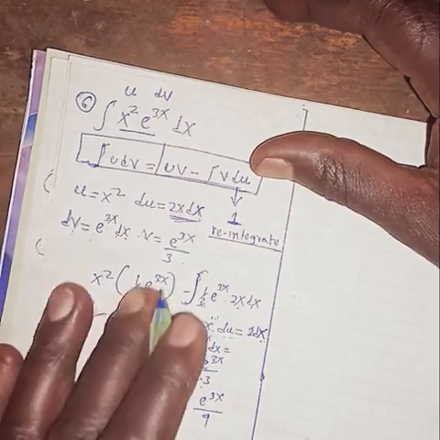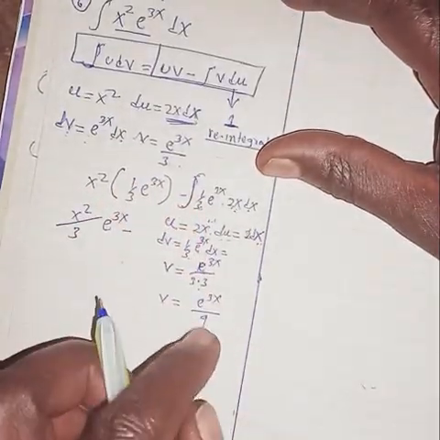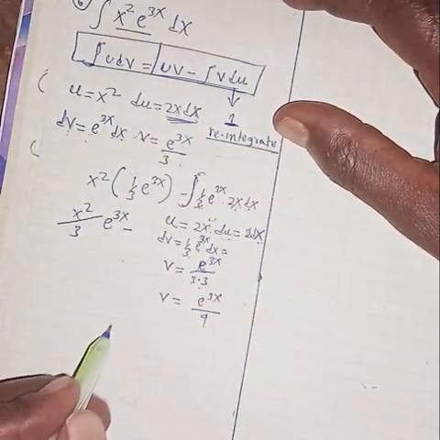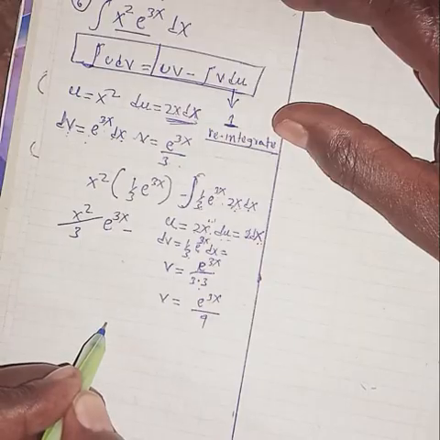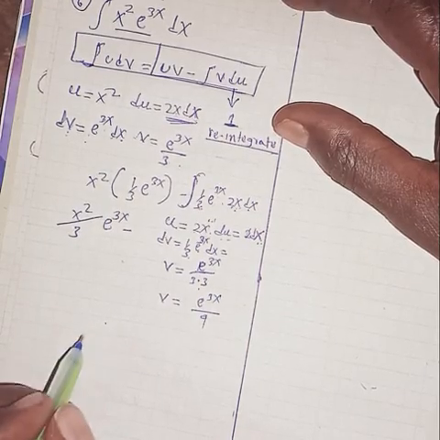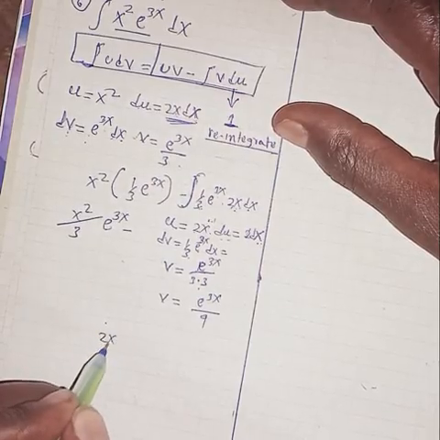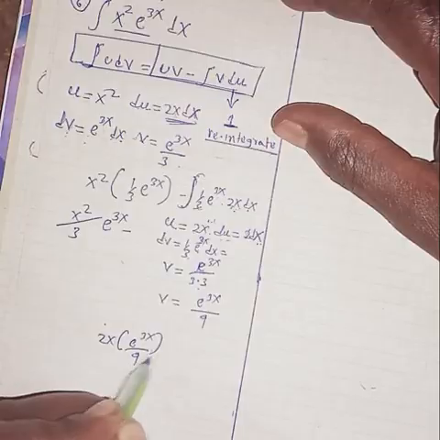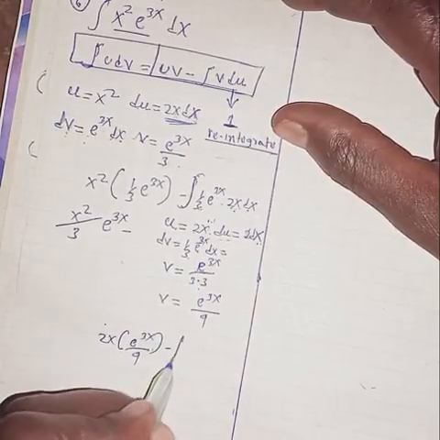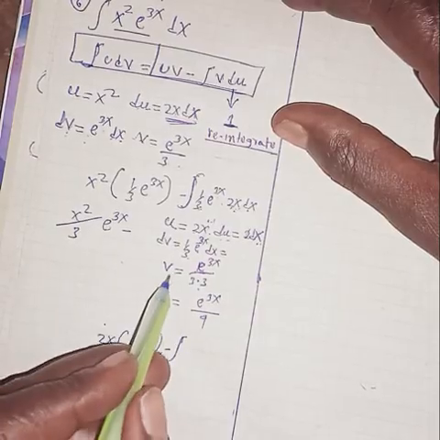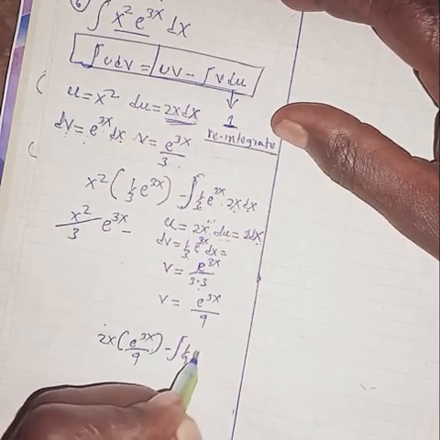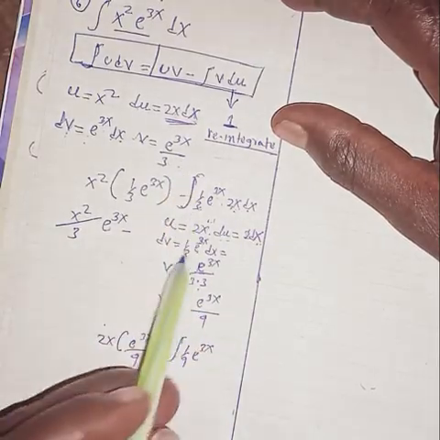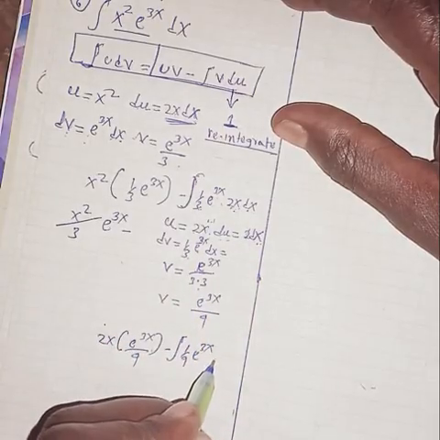I don't want you to get confused. That is why I'm going slowly. So let us apply the formula. uv will be, u now will be 2x, v will be e raised to 3x over 9, minus the integral now of the new v, 1 over 9 e raised to 3x, du is just 2 dx.